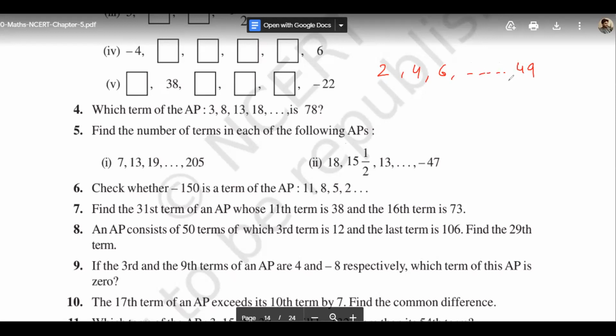And I'm saying check whether 49 is a term of this AP or not. You know that this is a series of even numbers, so 49 cannot be a term, and the difference is also 2. So 49 cannot be a term for this AP. We know this one, but how can we say that 49 could not be a term of this AP? We simply say that if we calculate the value of n, for which this question is this. I have taken this question by my own.